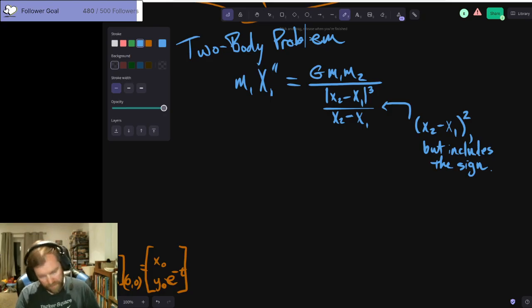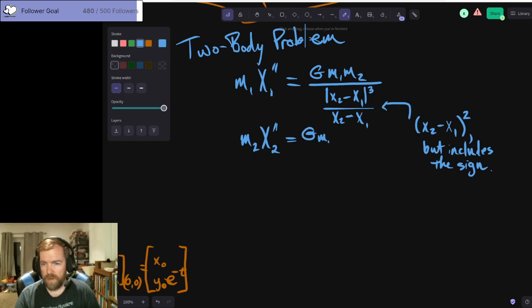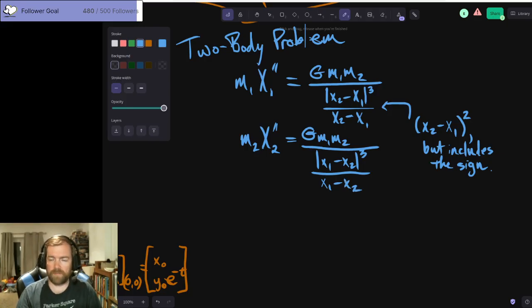And then similarly for m2 x2 double prime equals G M1 M2 all over the absolute value of x1 minus x2 cubed, multiplied by x1 minus x2. And again, same deal here, just the other way around.